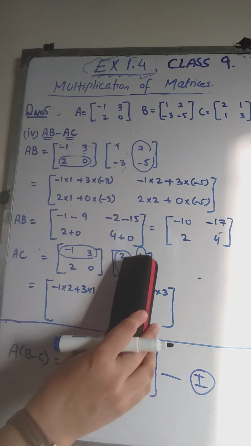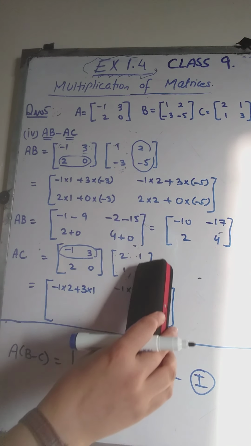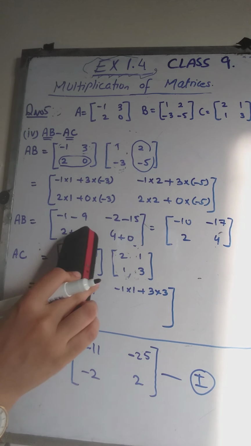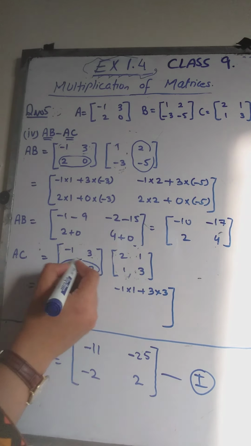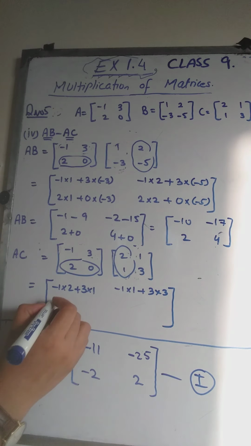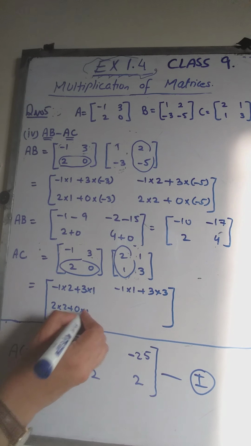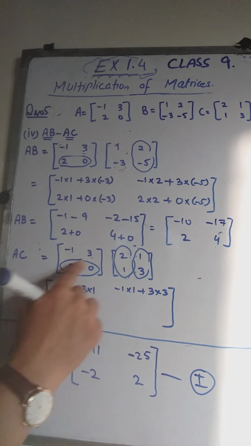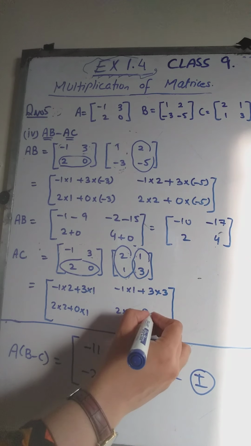Now coming to the second row, taking the second row and the first column, 2 into 2 plus 0 into 1, and then the second row and second column, 2 into 1 plus 0 into 3.